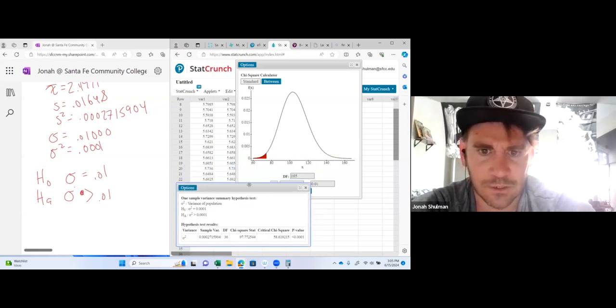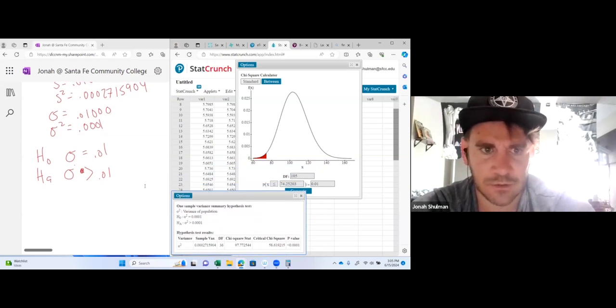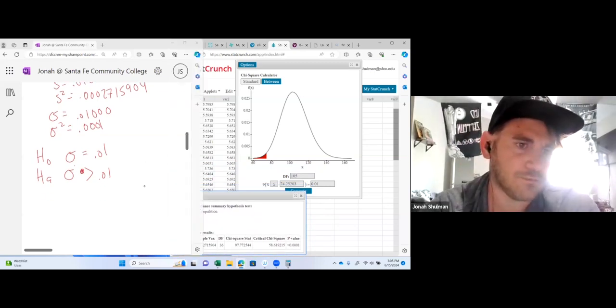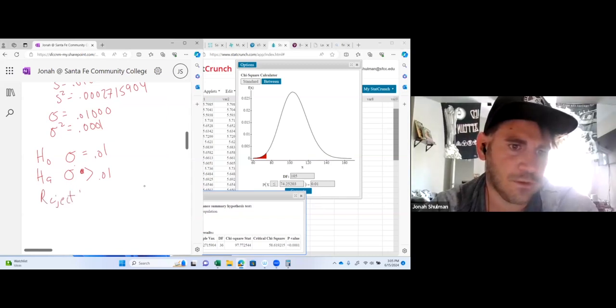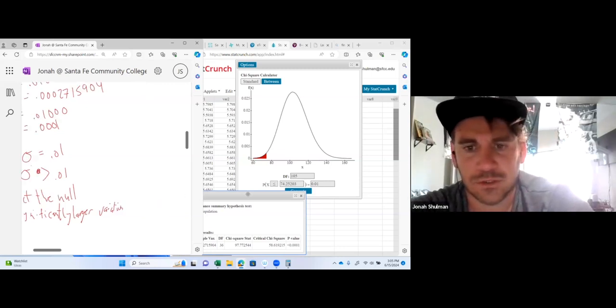Here, I can show you over here what I mean by that. But basically for 10, we reject the null, significantly larger variation. I'll do this one by hand too, just to show you it works.